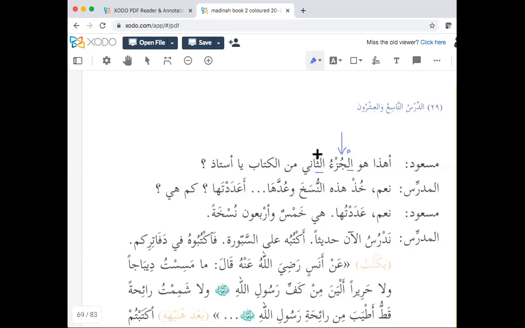You have to read with the shadda because the shadda shows you that there's alif lam before it. But I almost heard you say huwa juz thani, almost like the alif lam wasn't pronounced. So you will say هذا هو الجزء الثاني من الكتاب يا أستاذ, and then you will read that dhamma at the end for learning purposes.